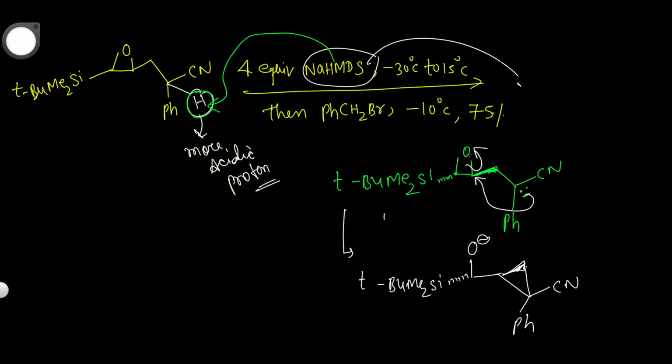Because we have a 3-member ring, to break it, this negative charge will attack this epoxide. After the attack, on this carbon we also have a hydrogen, and here is also a hydrogen.